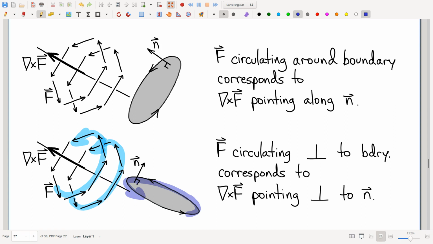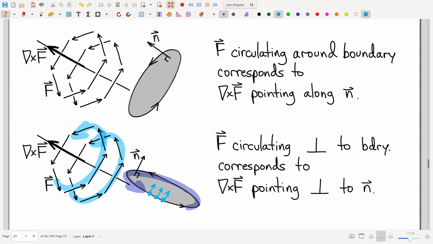It's just really not. Let me get some specific vectors on here. Along in here, the fluid is flowing that way. This is perpendicular to the curve. It's just not flowing along the curve. We don't expect any circulation along in there.